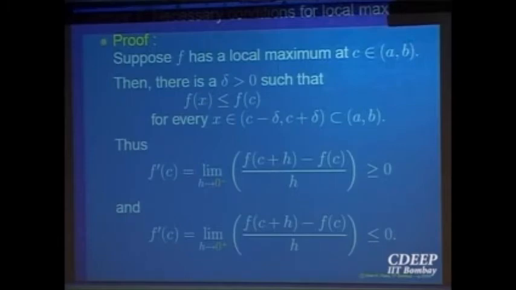So you know the sign of that. Depending on whether h is positive or negative, you get that the left hand derivative is bigger than or equal to 0 and the right hand derivative is less than or equal to 0. And because the derivative exists, these two must be equal, and the only possibility is that the derivative must be equal to 0. So that is an important thing.